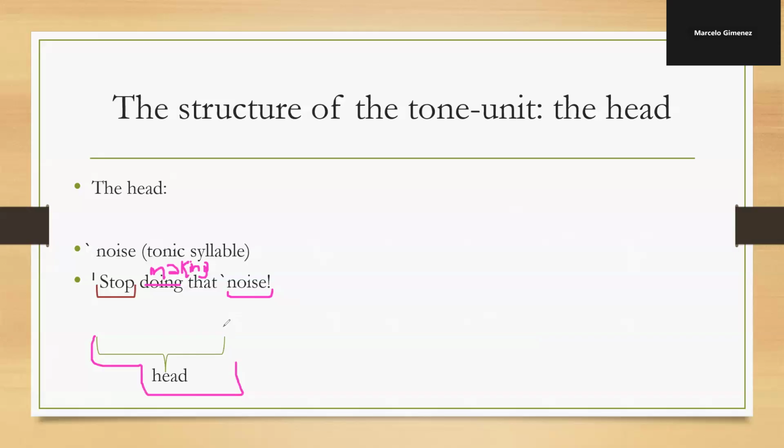I will rephrase. All the syllables that happen or that are placed before the nucleus will be part of the head. But the head, to be a head, needs to have a prominent or stressed syllable. What do you mean by this?